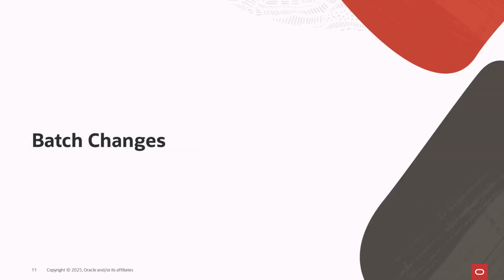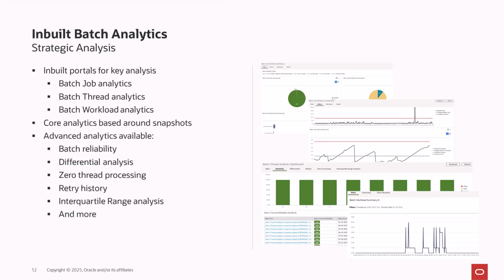As with each release, we strive to improve the quality and reliability of batch processing in our architecture. This release includes some new capabilities that you can take advantage of. In past releases, we introduced new technical analysis tools like the batch run portal and the batch day dashboard to look at individual batch executions or across a business day.